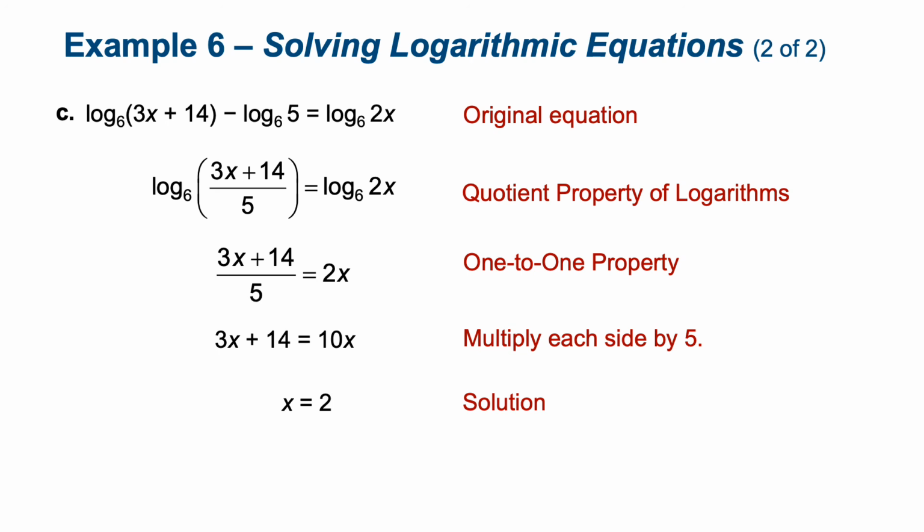Now because they're the same, the log base 6 cancels out by the one-to-one property, and I get 3x plus 14 over 5 is equal to 2x. If I multiply both sides by 5, I get rid of the denominator on the left-hand side, giving me 3x plus 14, and on the right-hand side is 10x. From here, subtract 3x from both sides. 14 will equal 7x, and divide by 7, and you get x is equal to 2.